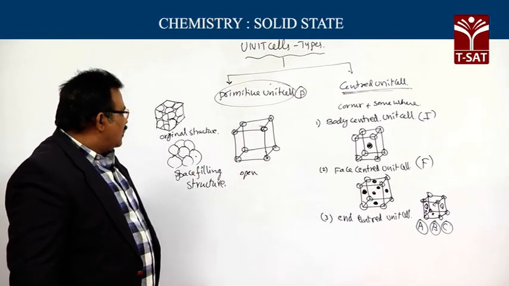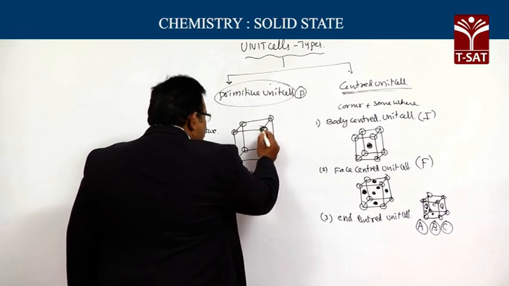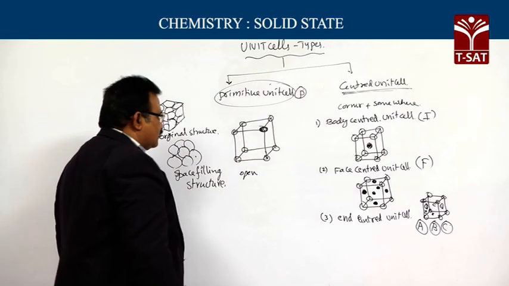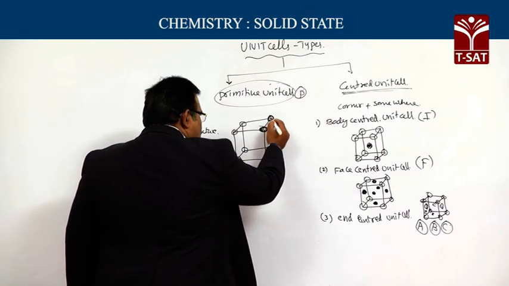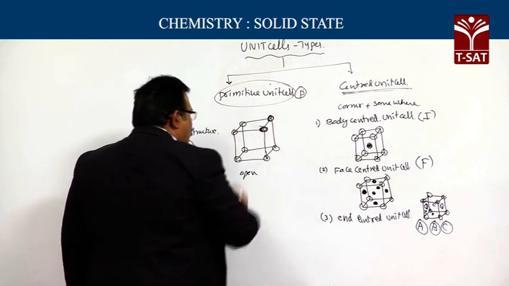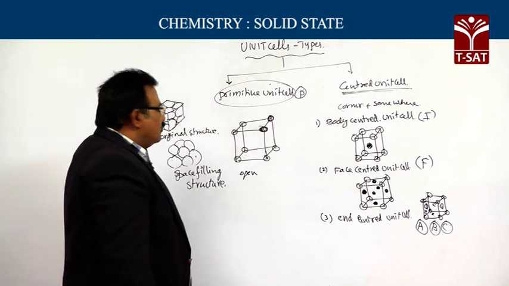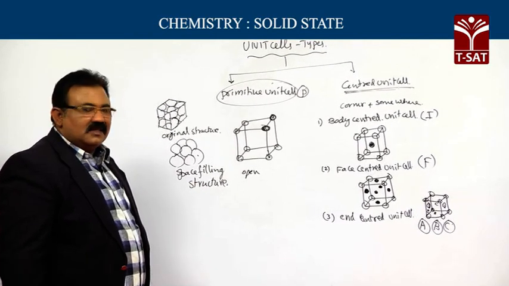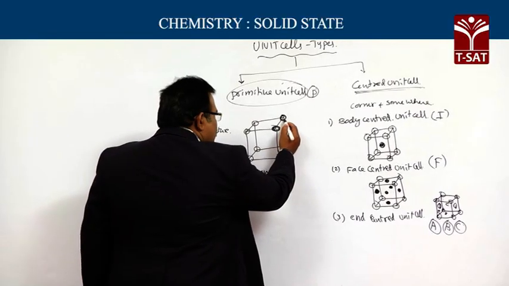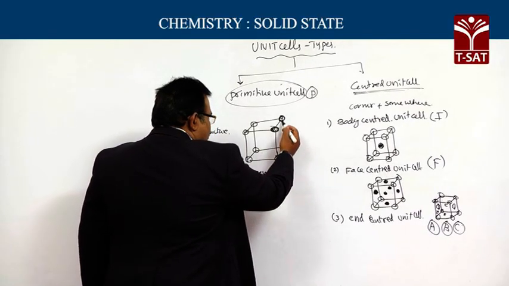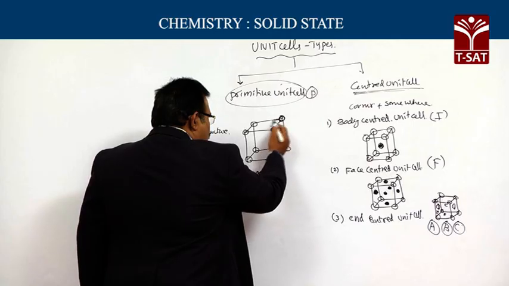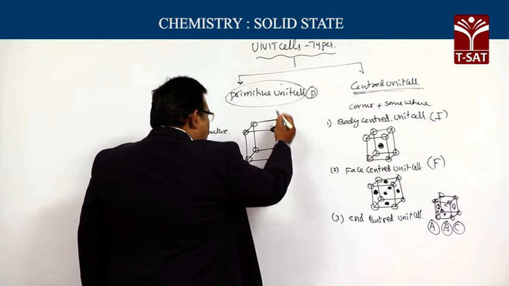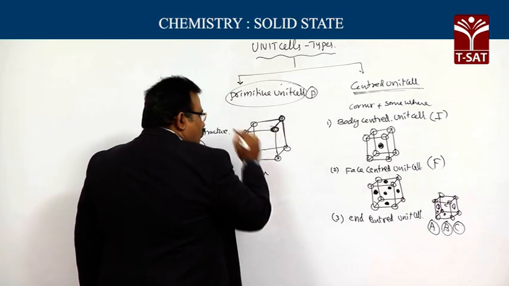When we talk about the sharing of the sphere at the lattice points, suppose a sphere present at corner is shared by 8 other unit cells. In which way? Suppose this is a sphere at corner, this is shared with 1, 2, 3 and its backside 4.